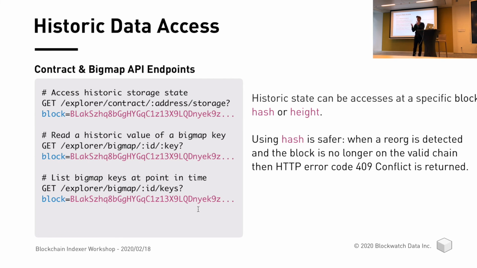So you don't have to have complex logic around to track chain reorganizations, because that's what you get out of the API. So in this case, I suggest using the block hash instead of the height, because the height is basically the same across reorganized or different side chains, but the block hash is very specific.